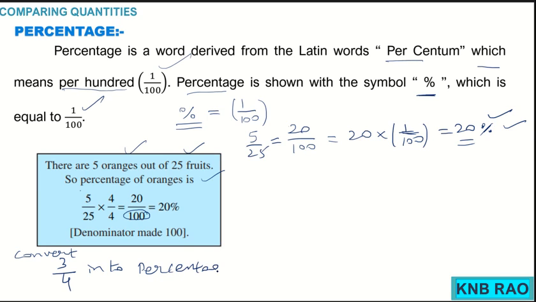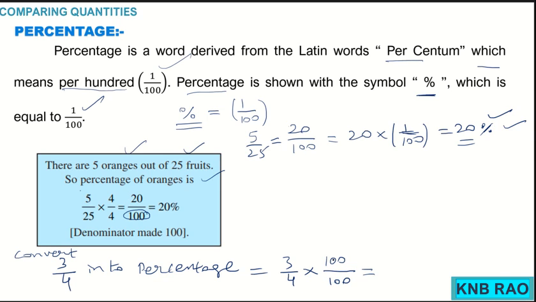Someone asks you, what do you do? You just take 3 by 4 and multiply it by 100. That means I am changing the numerator. If I want to have no change, I must multiply the denominator also by 100. So I am multiplying 3 by 4 by 100 by 100. 100 by 100 is nothing but 1. So 3 by 4 into 1 is 3 by 4 only, na? That means I didn't make any changes.